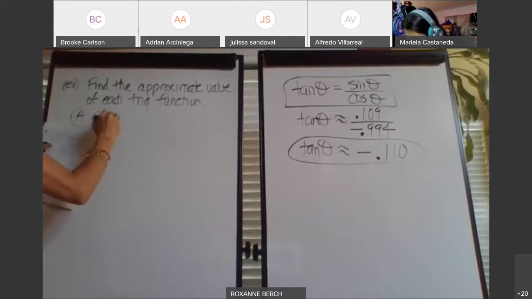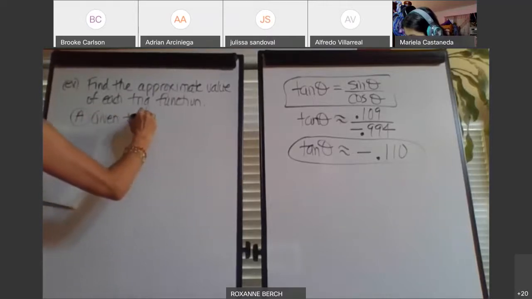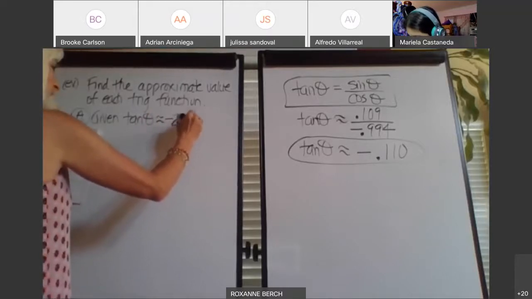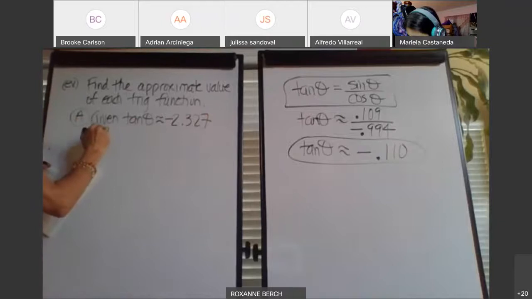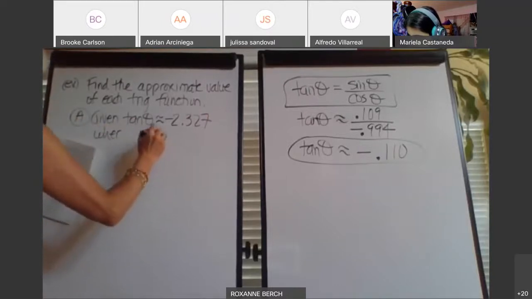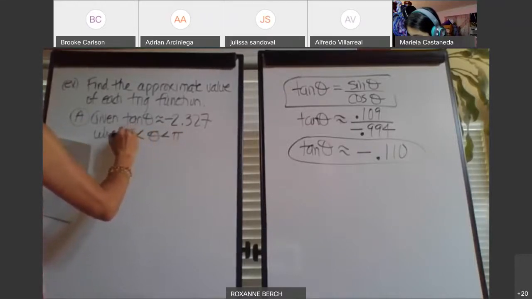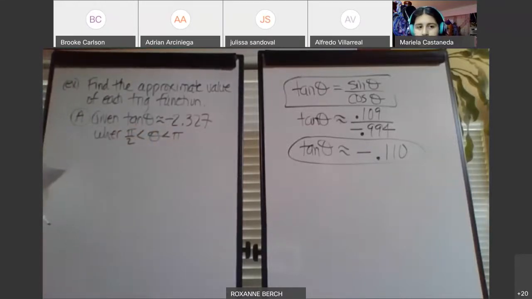Look what they're giving you: tangent of theta being about negative 2.327, where the angle is less than pi and greater than pi over 2. What does that mean? That means the angle is in quadrant 2, where quadrant 2 is negative positive, so keep that in mind.